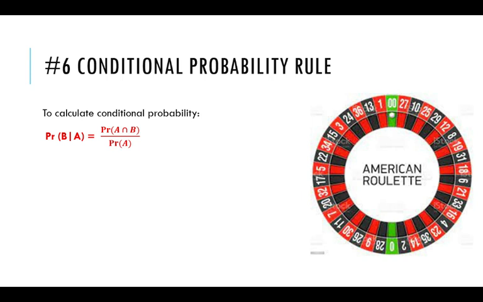Now, the numerator, we've seen that before. Remember, that numerator is the intersection of A and B, right? The intersection was that joint probability. How did we calculate the intersection? Remember, that was the AND equation, A and B. Well, that was rule number 5, that multiplication rule, right?